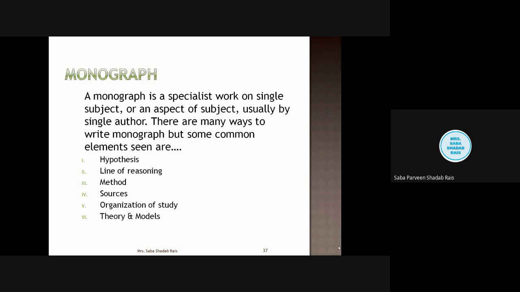Now see, in the earlier lecture I told you research is really very difficult. You all remember I gave you the example that when we were doing our MEd, practically we used to go to the University of Mumbai library, and we used to refer to the theses and all.